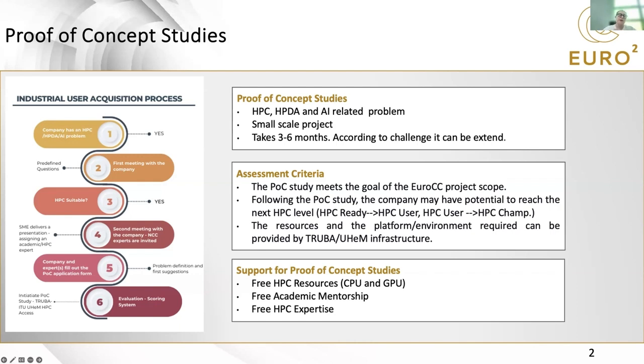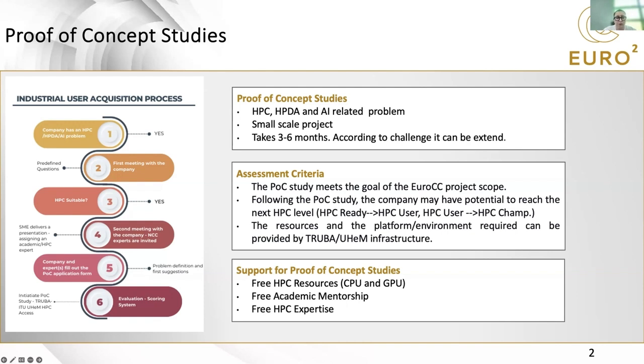In these meetings, our NCC experts are available, and the SME delivers a presentation regarding their problem and their needs. After this meeting, if necessary, I mean if the SME really needs an HPC expert or academic expert for their problem, we assign these experts, and after this process, the company and the experts, academic or HPC experts, fill out our proof of concept study application form.